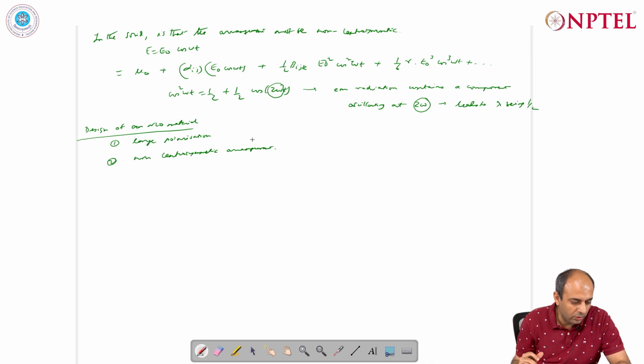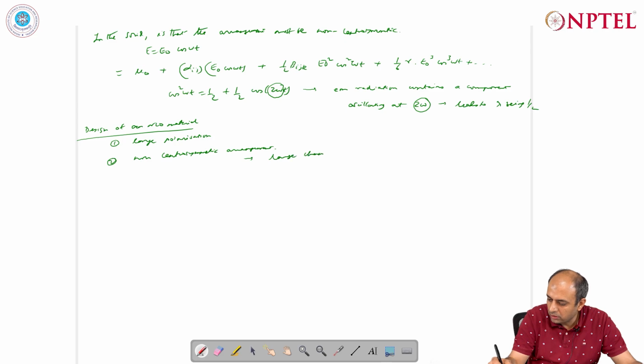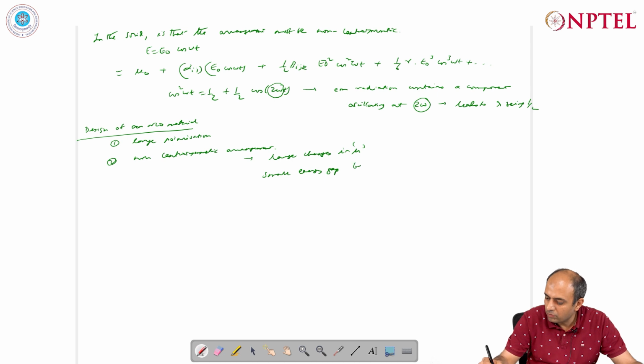If you want to see marked NLO effects, then the design of the system has to be such that when you excite the molecule, there is a large charge separation created, there is a sufficient amount of polarization in the material, and so we need to have large changes in mu and a small energy gap between the ground and excited state.